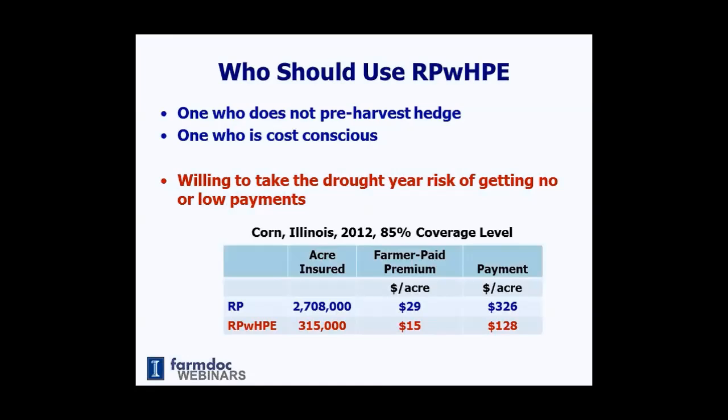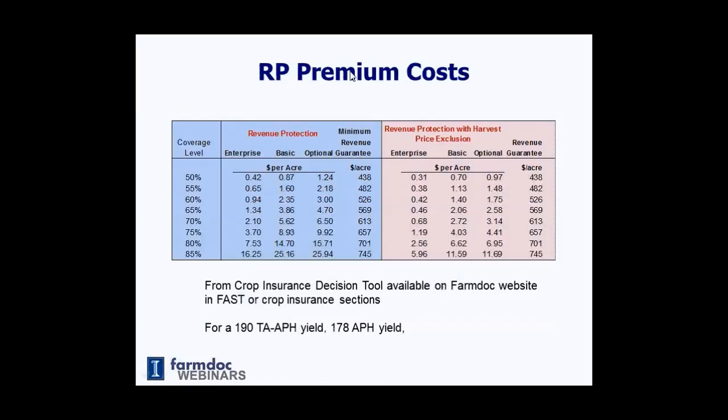So individuals who are cost conscious may wish to use RP, and those that don't do much pre-harvest hedging. And again, the guarantee increase on RP is particularly useful for individuals that do pre-harvest hedge and protecting against those years in which prices decline.